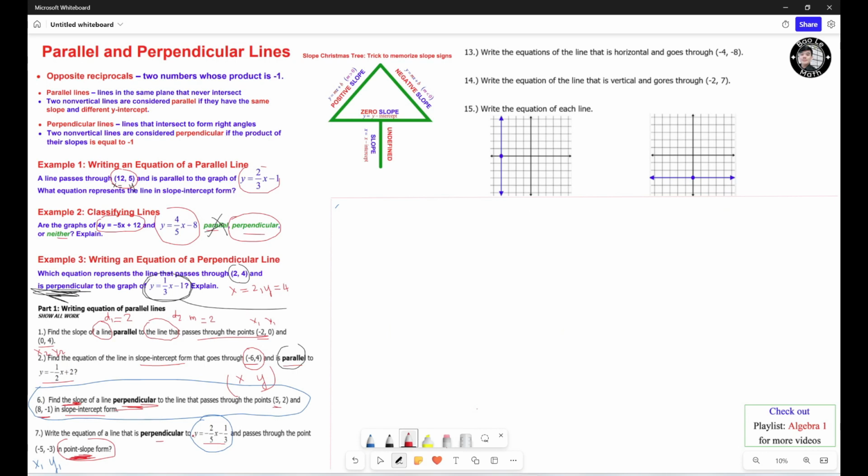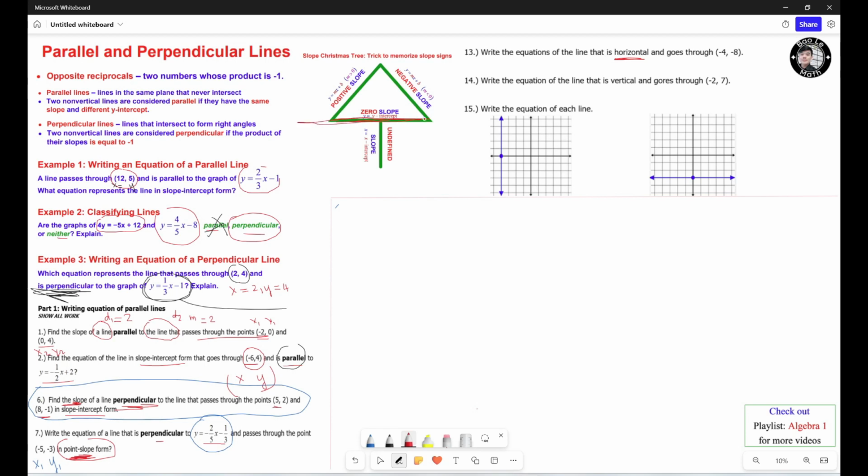Alright, let's move on to number 13 right here. Write the equation of the line that is horizontal and goes through this point, negative 4 and negative 8. Alright, so you look at the Christmas tree trick right here. Horizontal line, which is this one right here. This horizontal line.